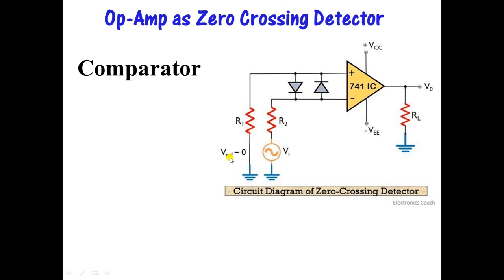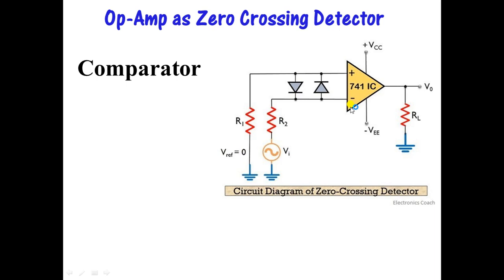So the reference voltage in a zero crossing detector is taken as 0 volts. You have to remember that the main point here is that the reference voltage in a zero crossing detector is 0 volts.